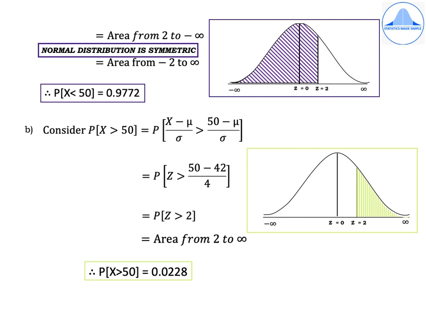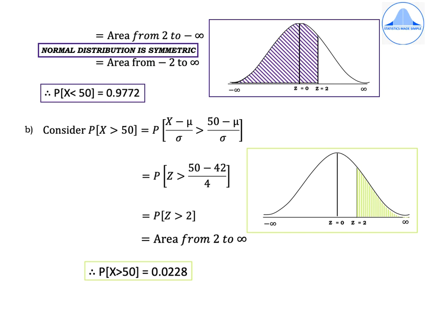How do we find out probability of z greater than 2? You have to draw the standard normal curve. The center line is z equal to 0. The extremities are minus infinity and infinity. Now 2 is a positive value, so mark it on the right tail of the curve. Now greater than 2 means what? You have to shade to the right side of the value 2.